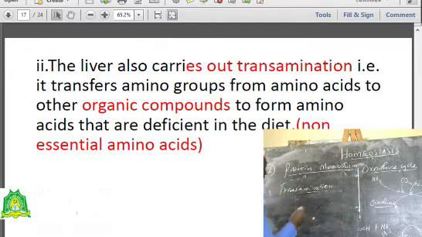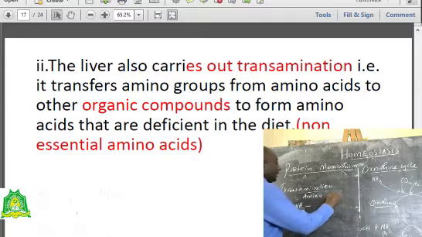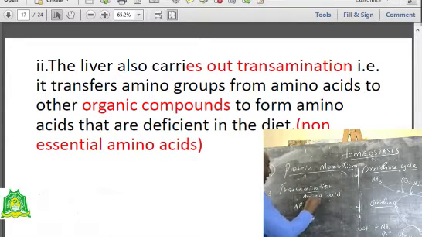What is the amino group here? The amino group is this NH2 from the amino acid. We have the R here, then H, COOH. So the amino group is this one.